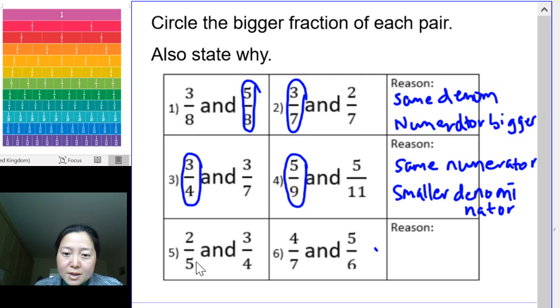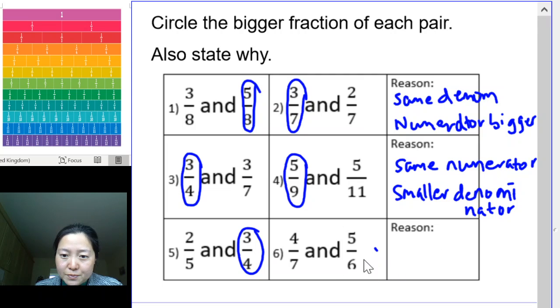But at the same time, the 5, the denominator, is also bigger. That's also making the fraction smaller because each piece is a smaller piece, okay? So 2/5 appears to be smaller than 3/4 because in 3/4, each piece is bigger because 1/4 is bigger than 1/5. And then you have 3 pieces of the bigger piece. So overall, this number is bigger.